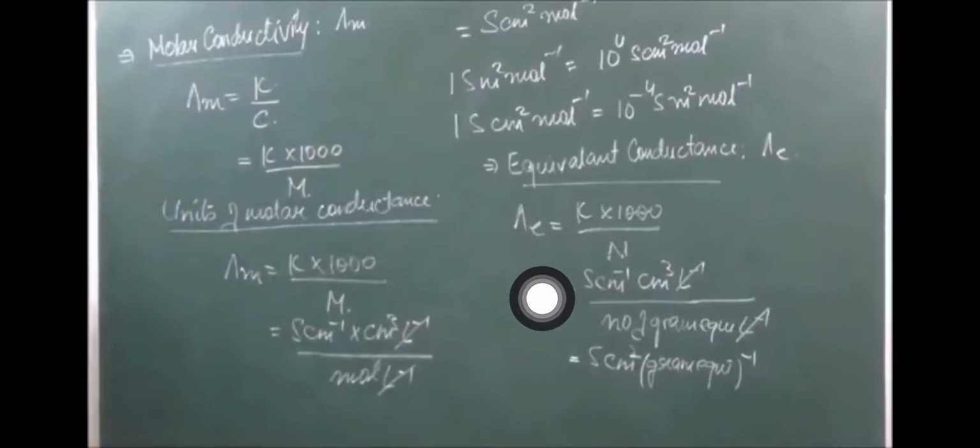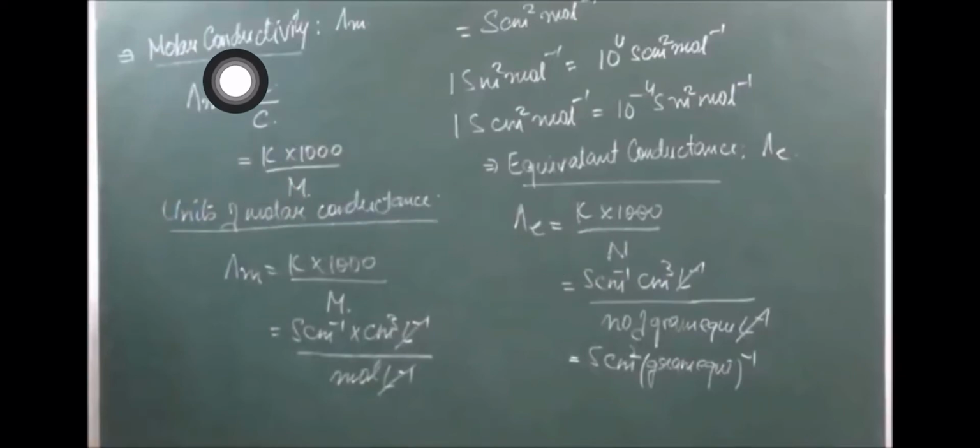Again, the formula has a minor change: K into 1000 upon molarity for molar conductivity, and for equivalent conductivity we are using normality here. The minor difference is only that.